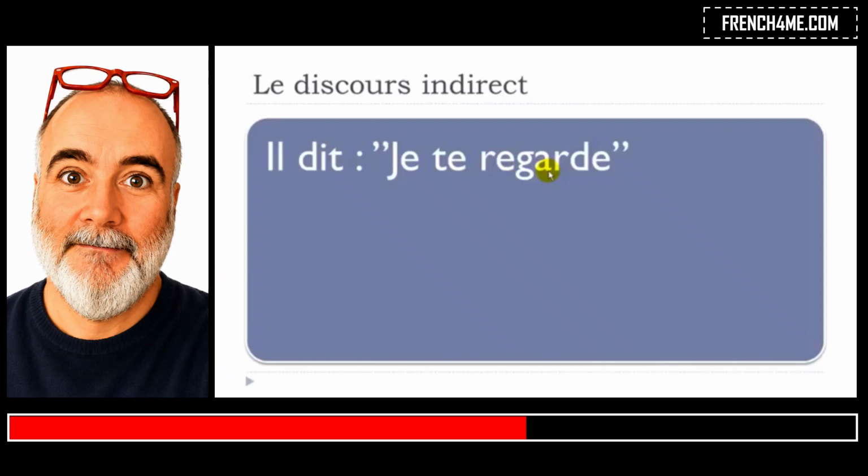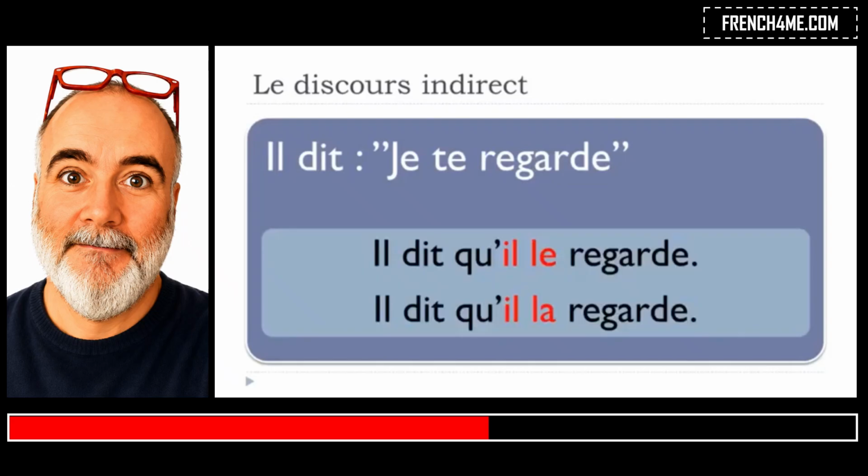It's interesting because in that sentence, you can notice that we will have to modify this first je, pronom personnel, and then probably we'll have to modify this te as well. Because I look at you, this you must be changed if we switch to the indirect discours.